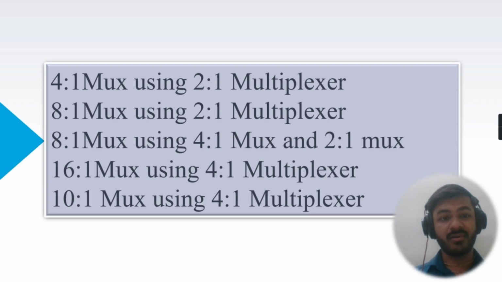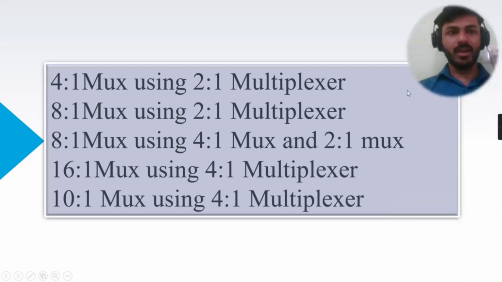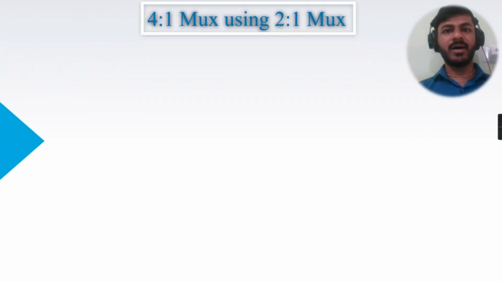Similarly, 8 is to 1 mux by using 4 is to 1 mux and 2 is to 1 mux. And similarly, 16 is to 1 mux by using 4 is to 1 multiplexer. Additionally, we are going to implement a non-standard mux such as 10 is to 1 mux by using 4 is to 1 multiplexer.